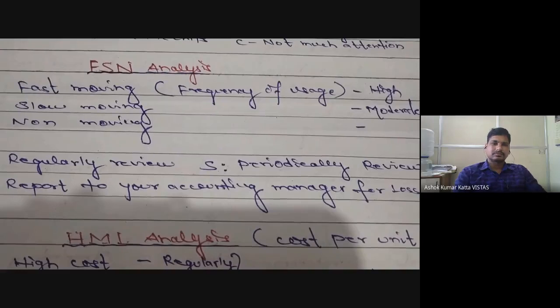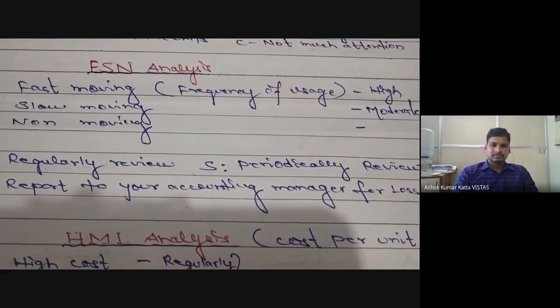Your plant or your production can stop. So you have to review it regularly, you have to review frequently. Slow moving is also required for the production process, but it is less important than fast moving. You have to review that material also, but periodically.